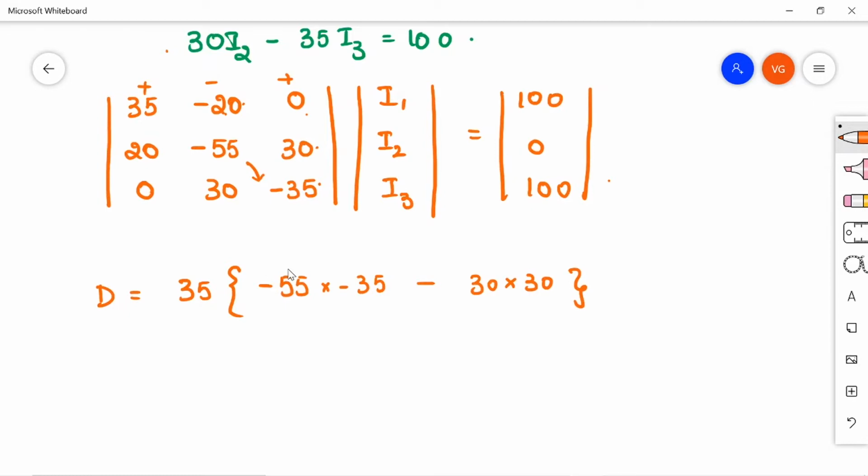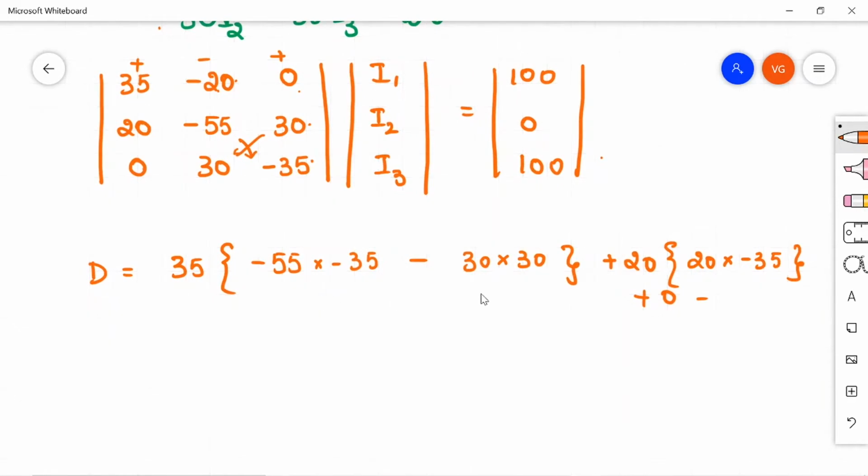This part cross multiply, then minus of minus plus 20 into 20 into 35 minus 30 into 0, so anyhow that is 0 plus 0, so that no need to calculate, right? So now if you simplify this calculation, what you are getting for the determinant is 21875.